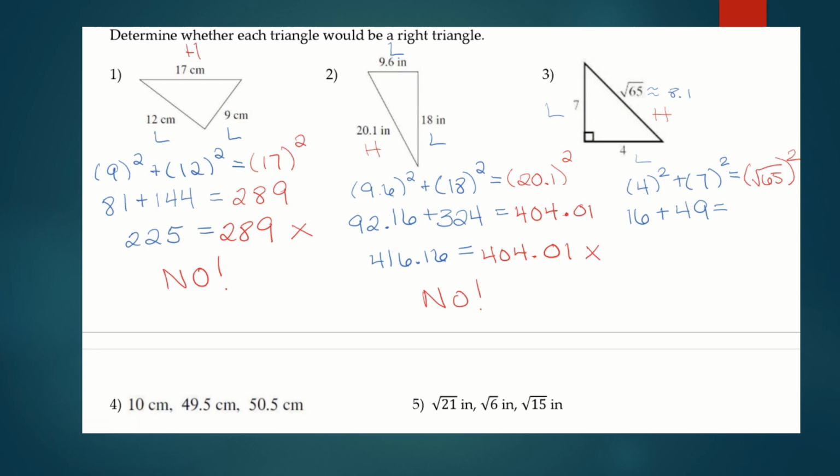So remember what happens here. Our squared undoes the square root. So we're left with just 65 on that side. All right, 16 plus 49 gives me 65, which is the exact same thing that I had on my right side. So seeing that my left side matches my right side, I'm a happy person. This triangle is in fact a right triangle.